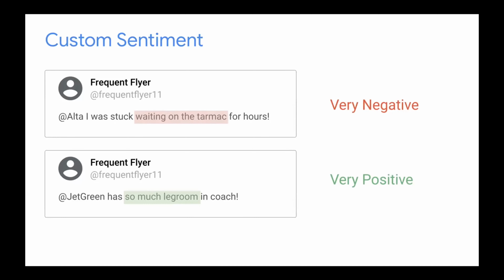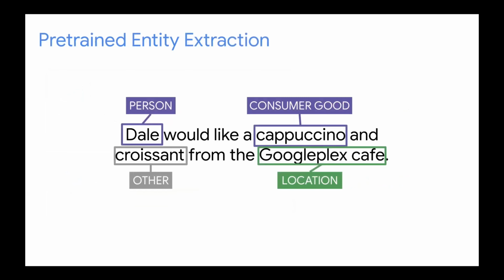We might say, okay, waiting on the tarmac would be a negative signal, so much leg room positive. So you'd go through your data and you'd start to flag these different pieces of text that could give you a more meaningful sentiment model from it. And then you're going to pass that into AutoML natural language.